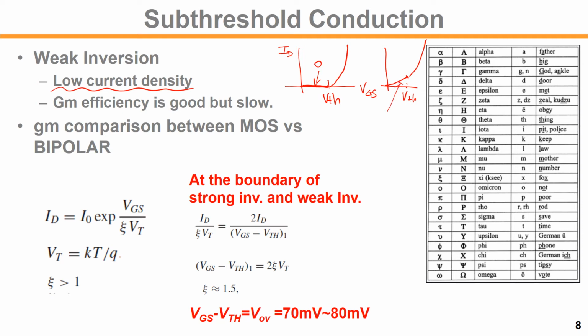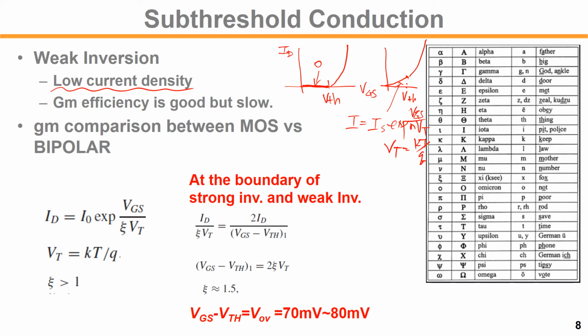In that subthreshold region, we are relying on the exponential characteristic, right? Exponential of VGS over n VT, where VT equals kT over q.